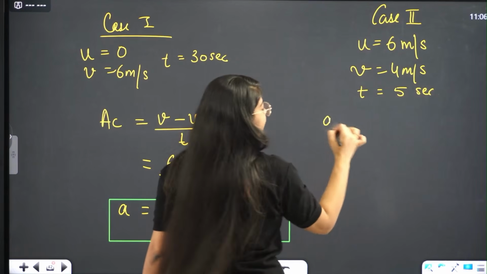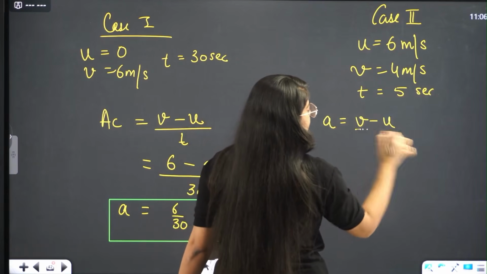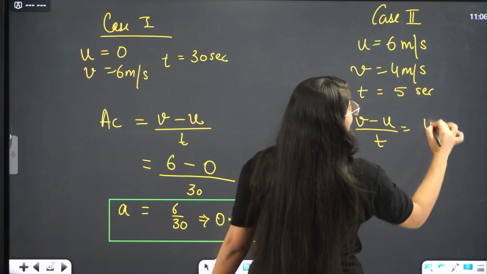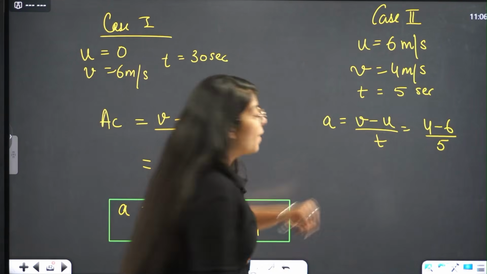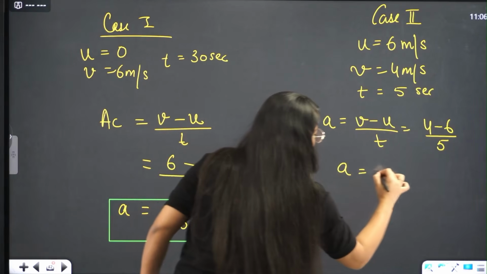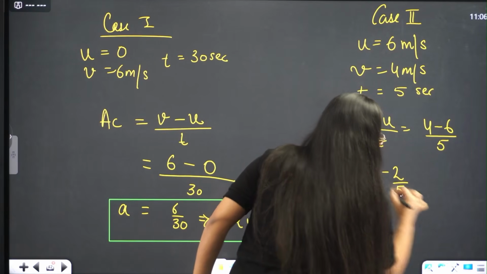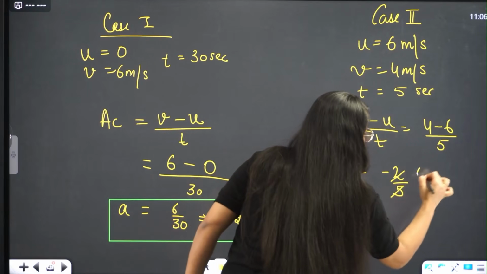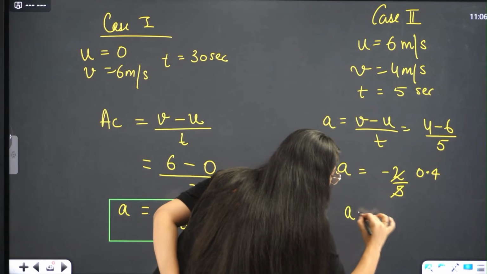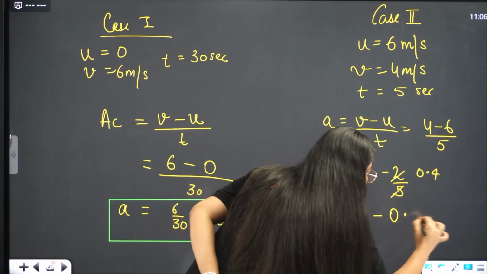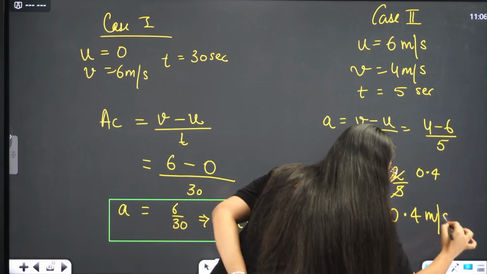Again, you put the formula of acceleration, v minus u divided by t, which is 4 minus 6 divided by 5. Now this will be minus 2 by 5. Now if you divide it, this will be 0.4. So you can write a equals minus 0.4 meter per second square.